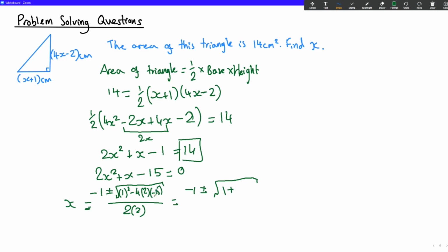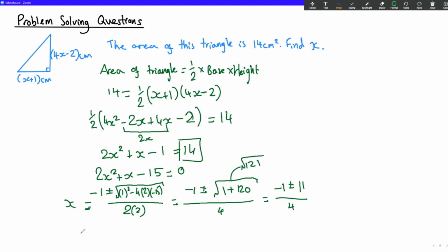And then 15 times 2 is 30, times 4 is 120. And then 2 times 2 is 4. This is 121. And if you remember, we know that that's 11. Root 121 is 11. So now we have that.